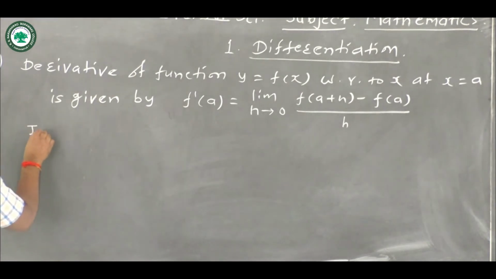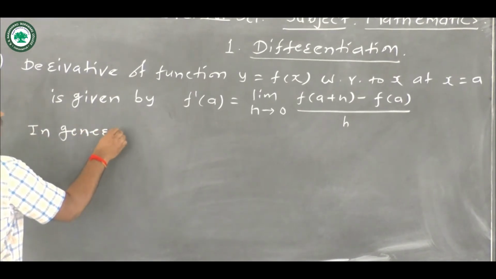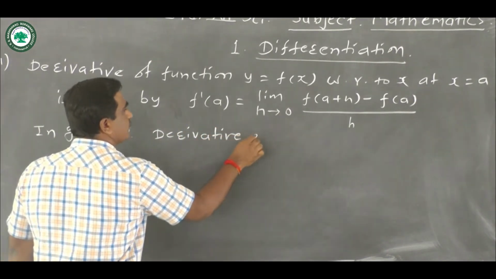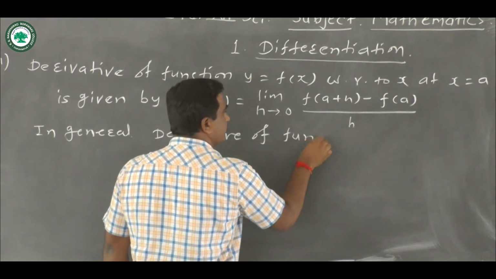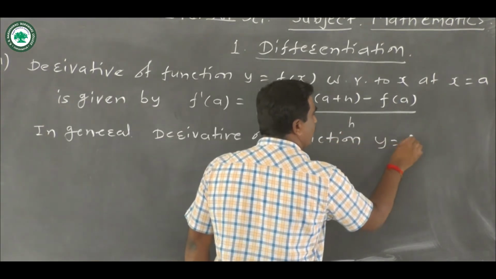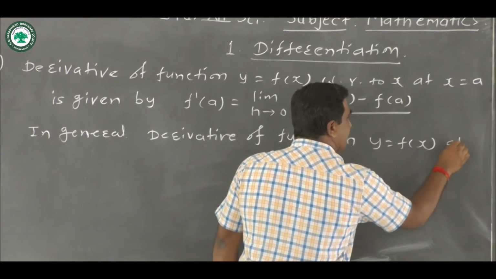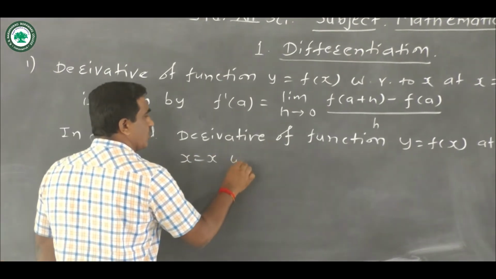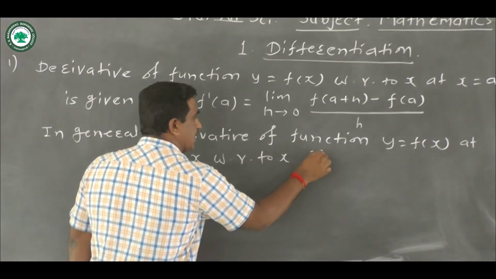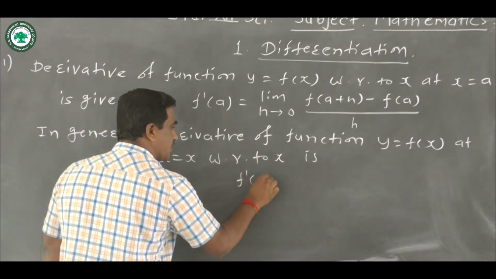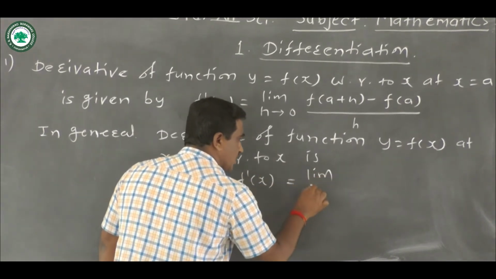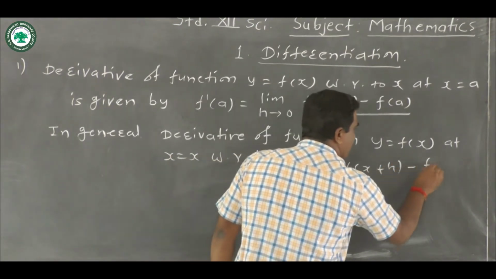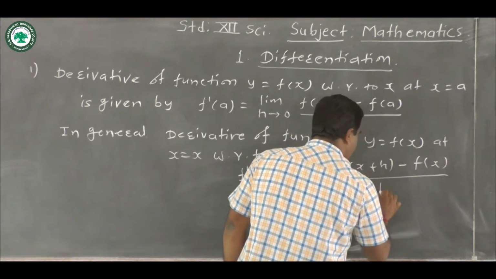Now in general, derivative of function y equal to f of x at x equal to x with respect to x is f dash of x is equal to limit h tends to 0 f of x plus h minus f of x upon h.